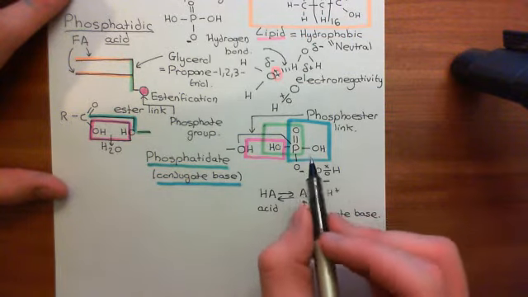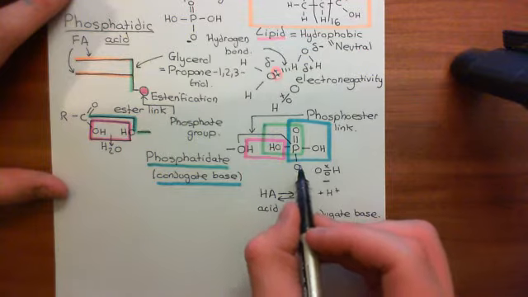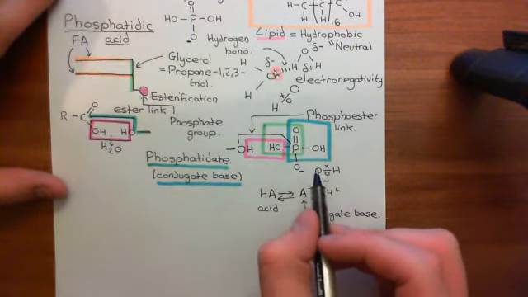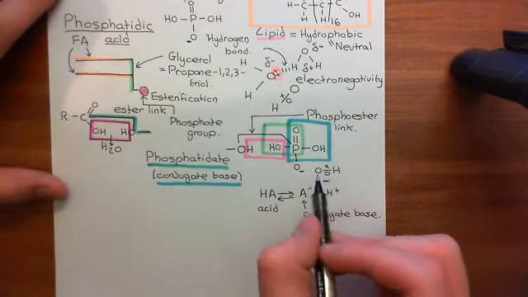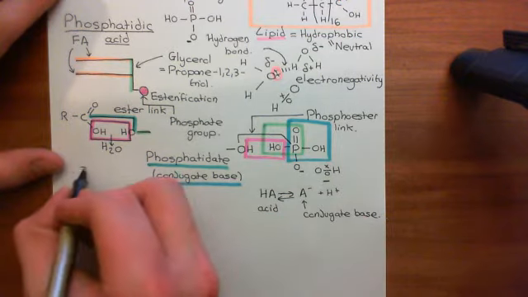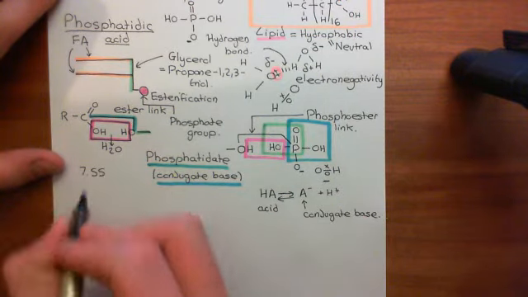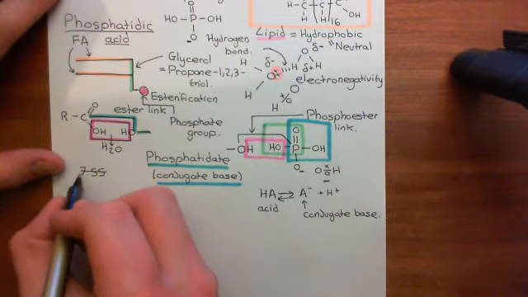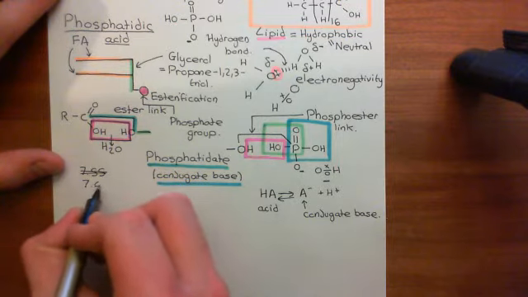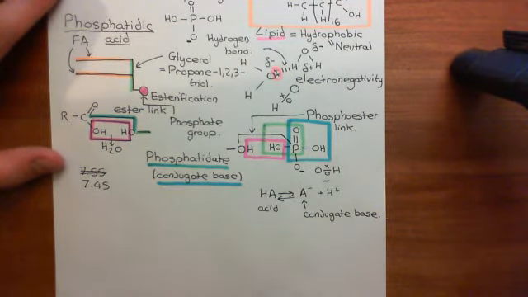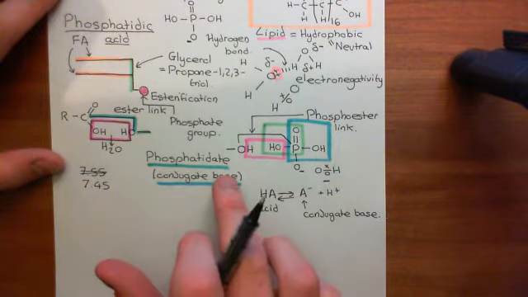Okay, right, now the reason everyone talks about phosphatidate and not phosphatidic acid is that under physiological pH, which is around 7.45, usually what happens is phosphatidic acid molecules have donated their protons away and therefore are phosphatidate molecules.